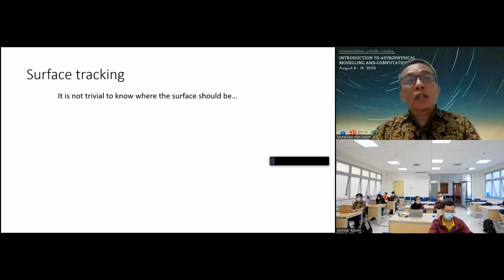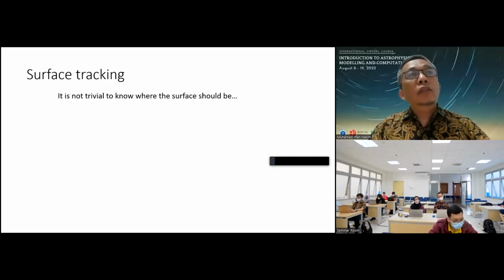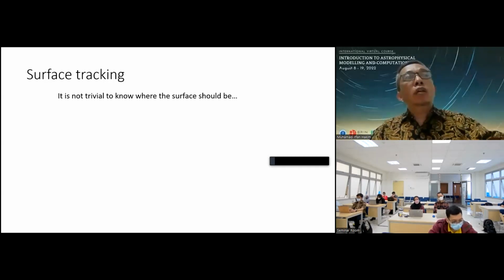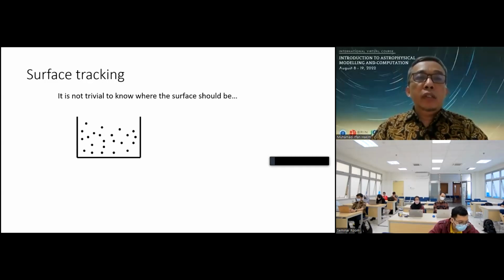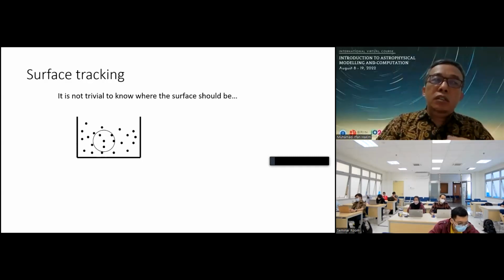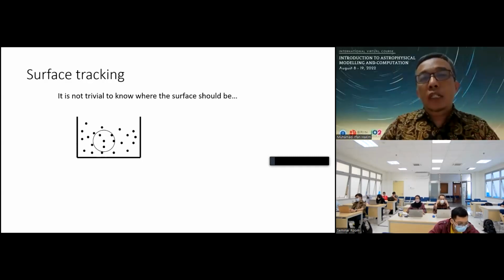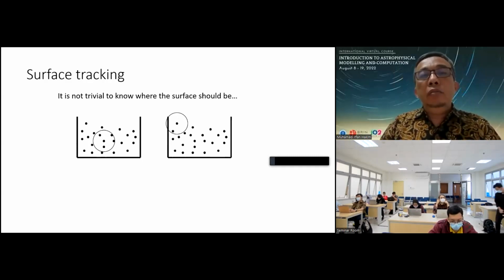Now, this is what I mean by doing rendering for one of the goals of these simulations. We have to track the surface, but we can imagine how the particle neighbor near the surface, for example, here.